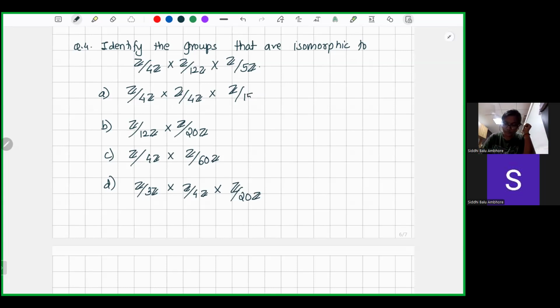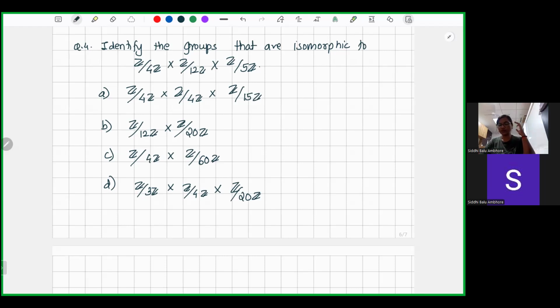So first thing, when you tackle the isomorphism of finite groups, when you want to start with identifying which among these groups is isomorphic to a given group, such questions will be there, possibly in assignments or in exams, there are chances.